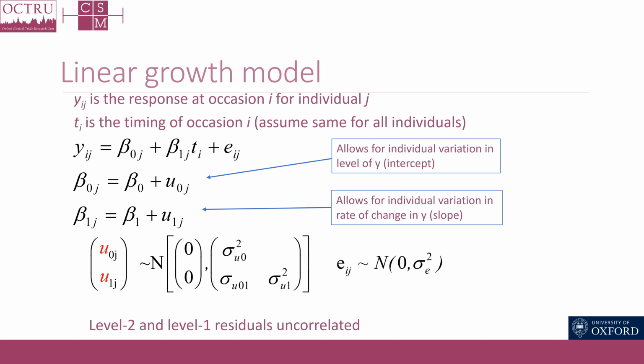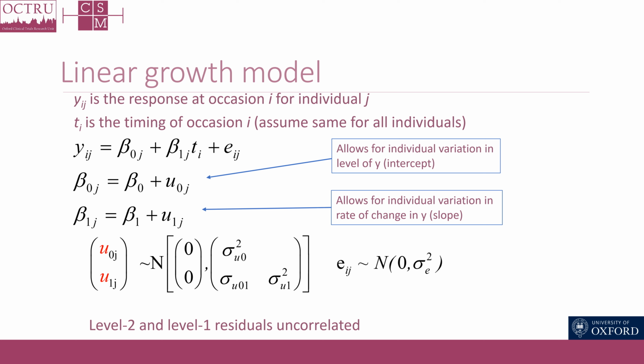This individual B1j is centered around the population slope B1 plus some residual, the individual slope residual, representing each boy's departure from the population slope. The variation in slopes across individuals is summarized by the variance term sigma squared U1, and the intercept and slope random components can be allowed to be correlated and we estimate their correlation.